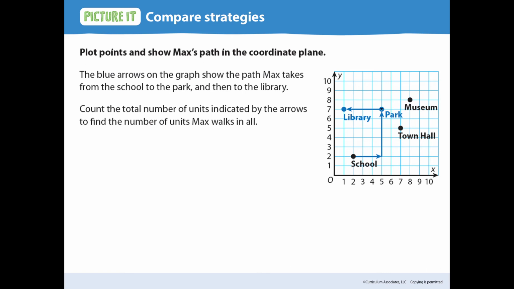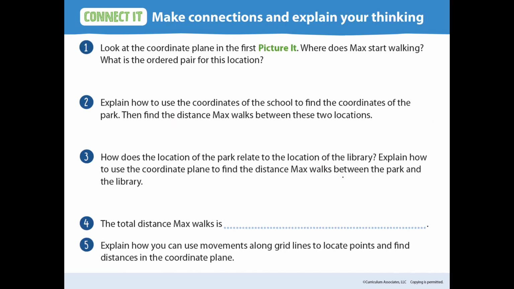So if the park is here and the library is here, then it's 1, 2, 3, 4 units from the park. We can also take 5 minus 1 to get 4 units. The total distance Max walks is 8 units plus 4 units equals 12 units.